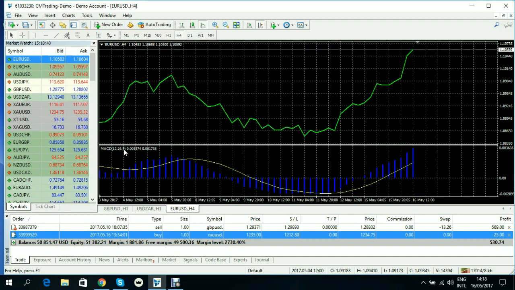The number 9 is the signal, which is used to calculate the moving average of the difference between the faster and the slower moving averages. The bars of MACD, these blue bars here, are the plotted vertical lines that we refer to as the histogram.